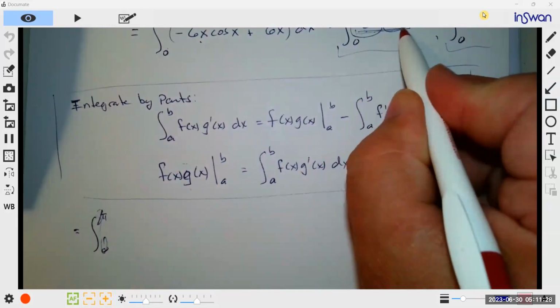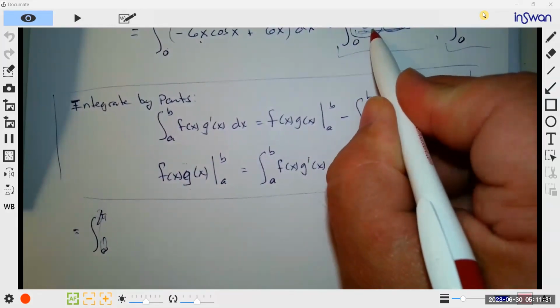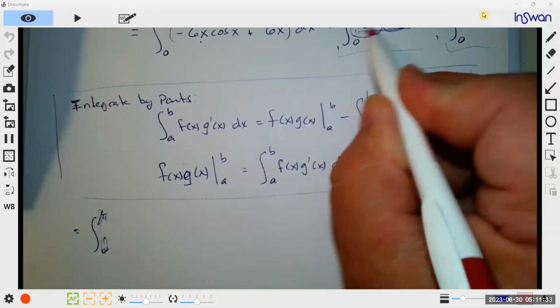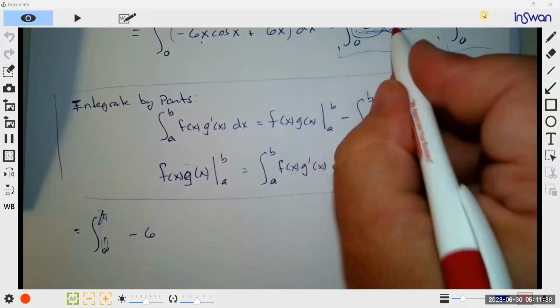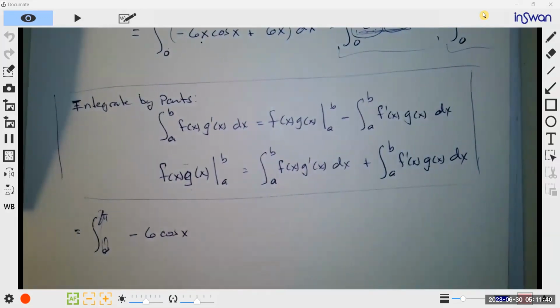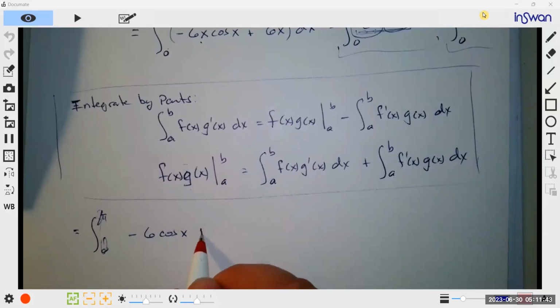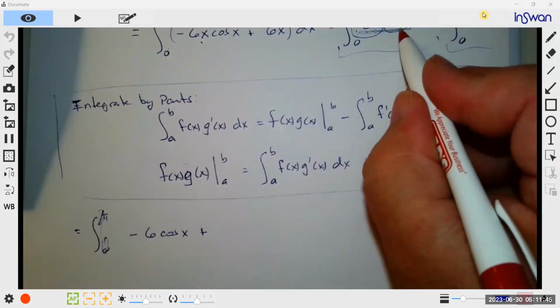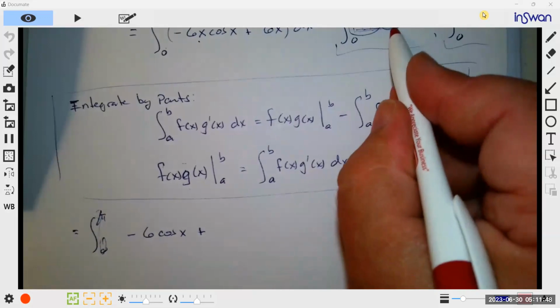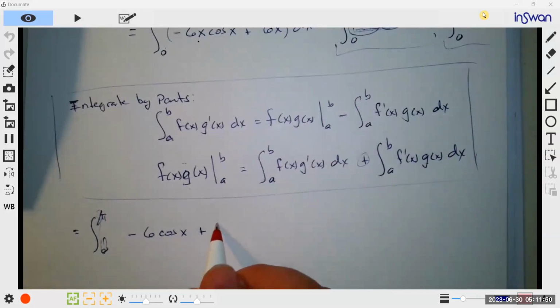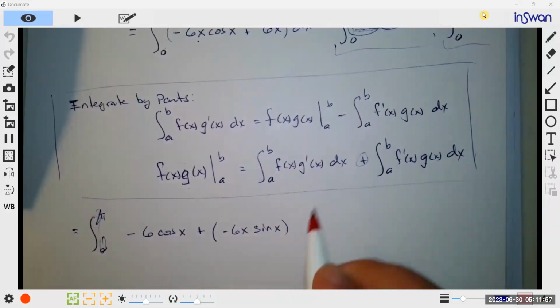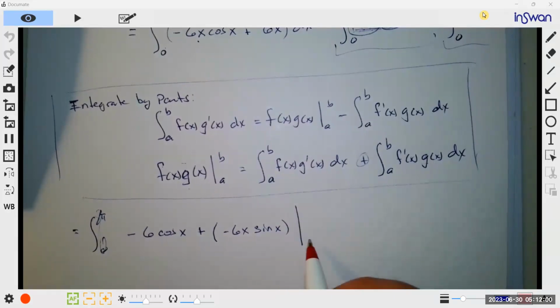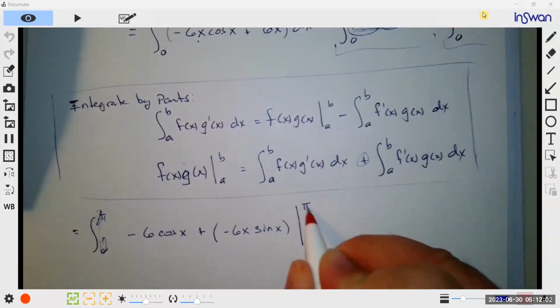So take the derivative of this first one, which is going to be negative 6 cosine x. Take the derivative of this one, plus take the derivative of this one, leave that one alone. Negative 6x. The derivative of cosine is sine x. This is going to be from 0 to pi.